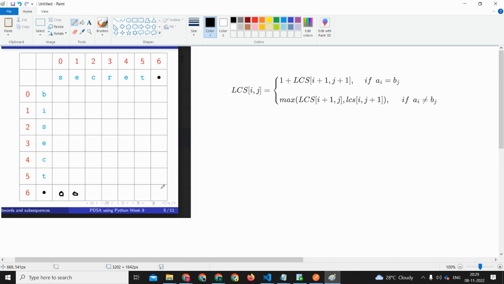Go ahead. Are you back? Yeah, I'm back. Okay. So, when we talked about the longest common word, or the length of the word which is the longest, we only took into account the ones that were occurring in a sequence, right? You were only looking at continuous letters that were matching.